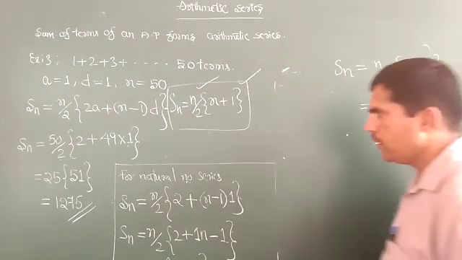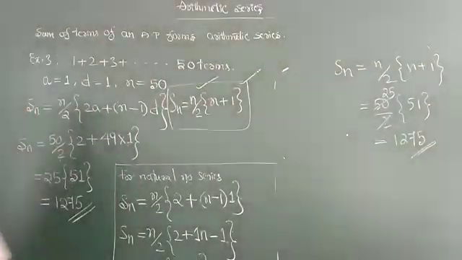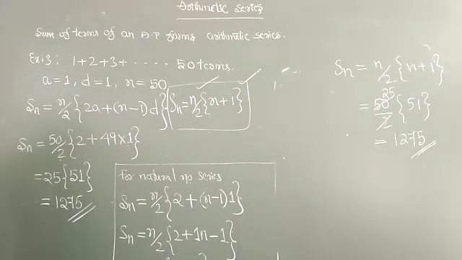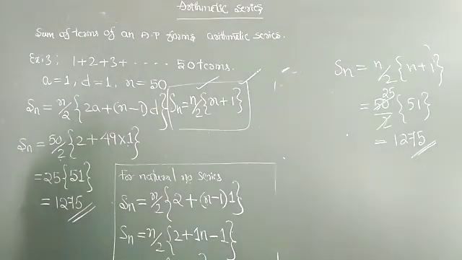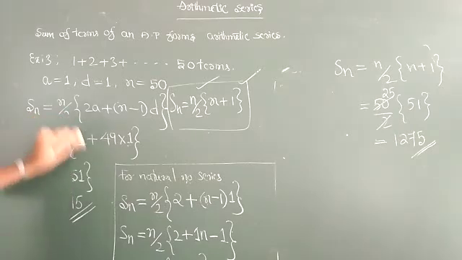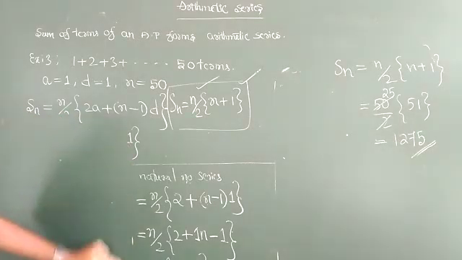That means whenever finding the sum of natural numbers, I can easily find it by using this technique. So it became easier. This is the general formula to find the sum of a natural number series. Remember, for natural numbers we can also use the formula Sn equal to n by 2 into 2a plus n minus 1 into d.